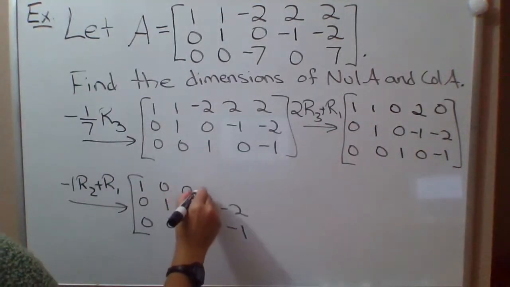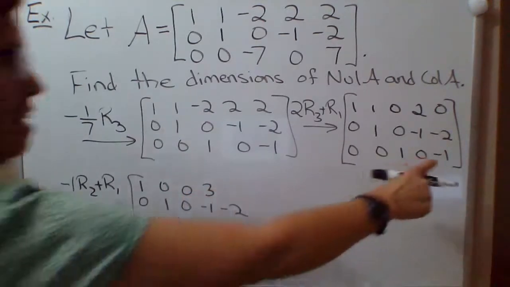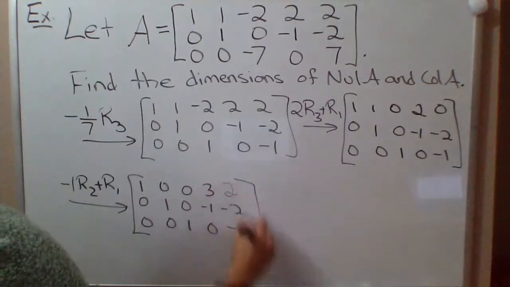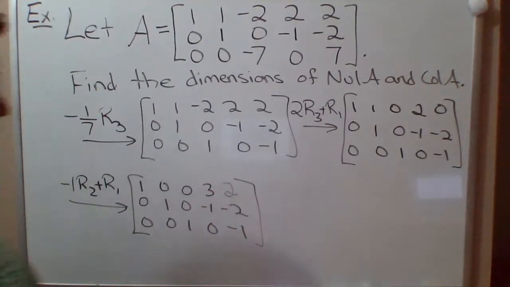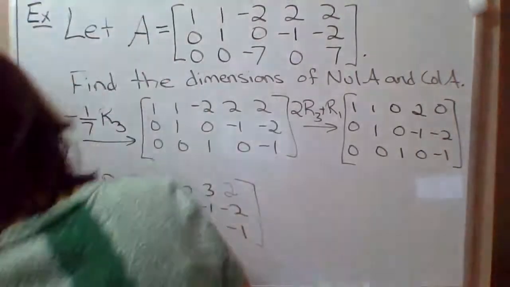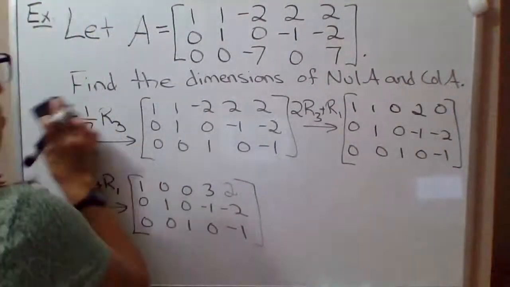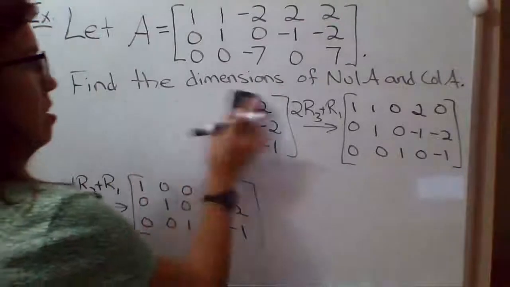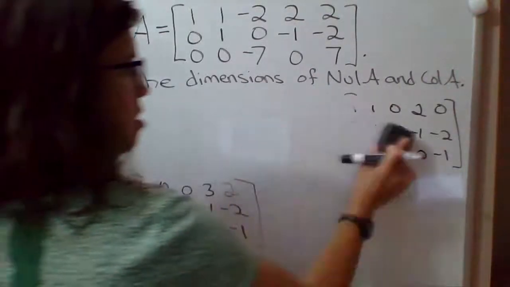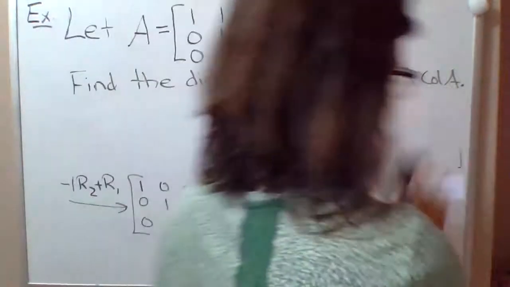And then -1 times this, so 2 plus 0, so this is 2. So there's the RREF form. I'm definitely going to need more space, so I'm going to erase the work we did here.